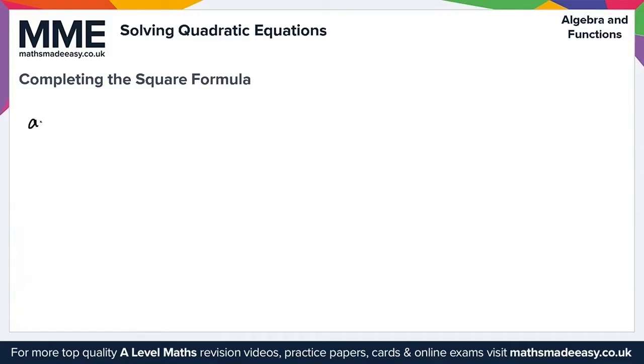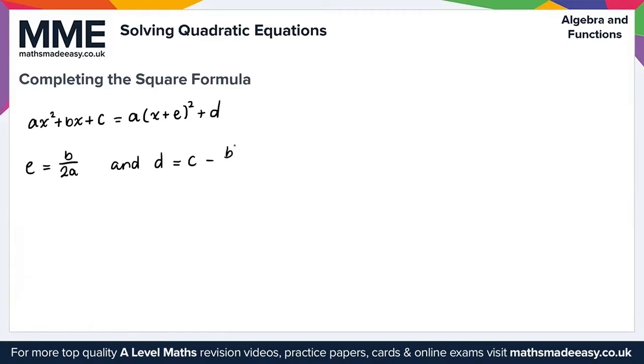So if we've got ax squared plus bx plus c, well, we could write that as a lots of x plus e all squared plus d, where e is equal to b over 2a and d is equal to c minus b squared over 4a, okay, which we could write as c minus a e squared there. Okay, so that simply gives us everything we need there for completing the square formula.